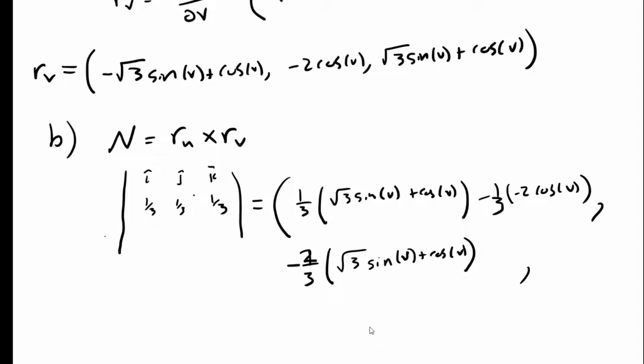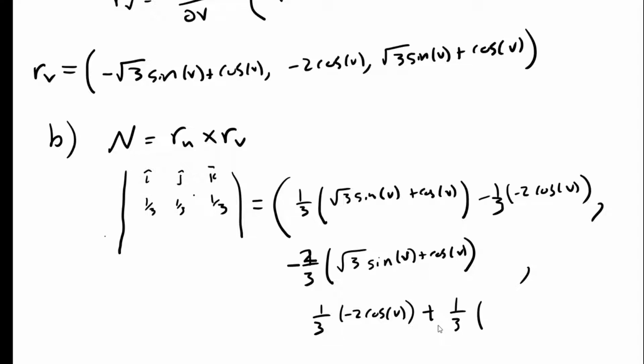Okay, and then the last one, we cross this out, so we have 1/3 times minus 2 cosine v minus 1/3 times the, let's see, it's going to be plus.